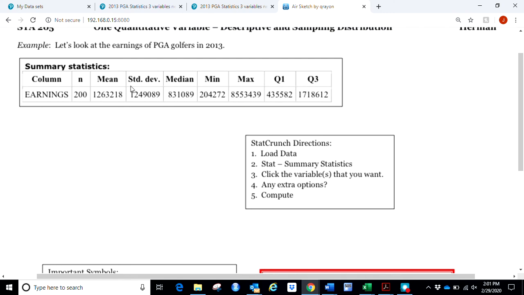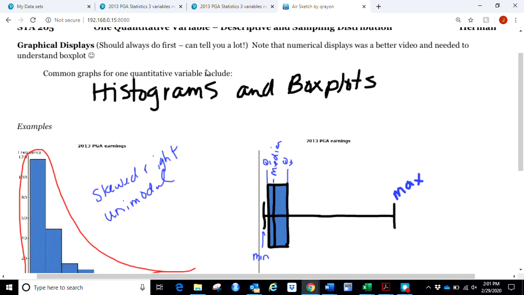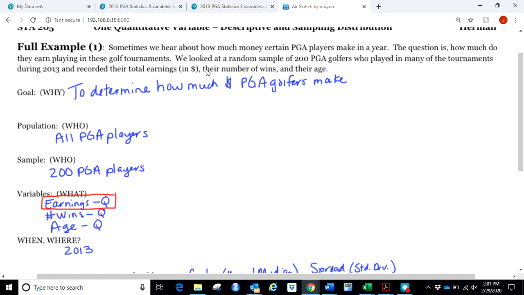We also have from here our mean and our median. And here we interpreted our standard deviation of this 1.249 million. So I'm just going to take these same ideas that we already saw and put them in my quick summary.